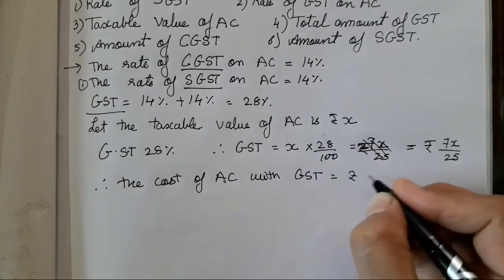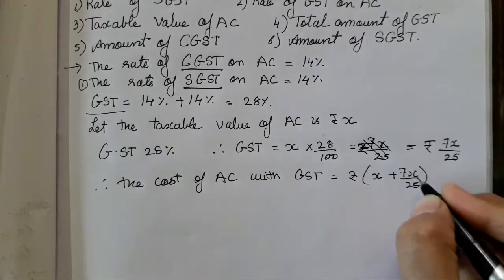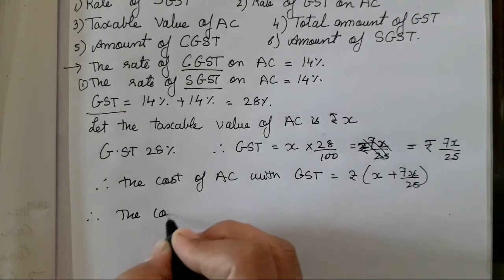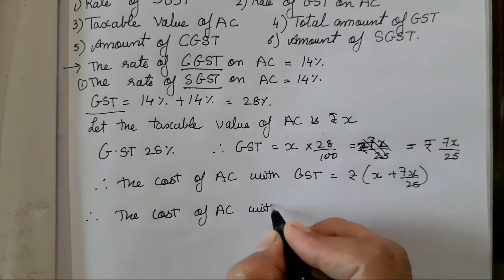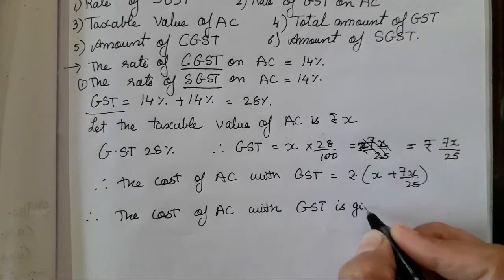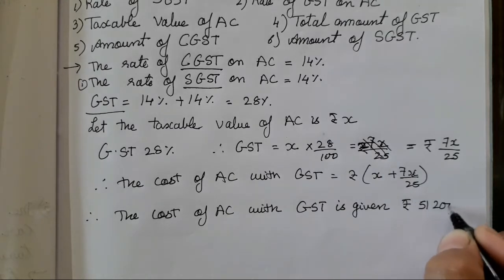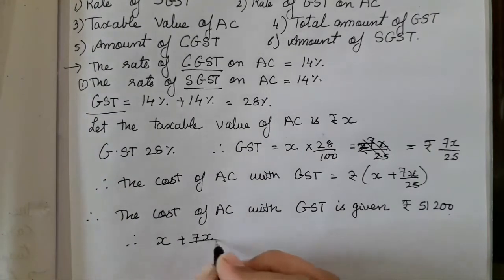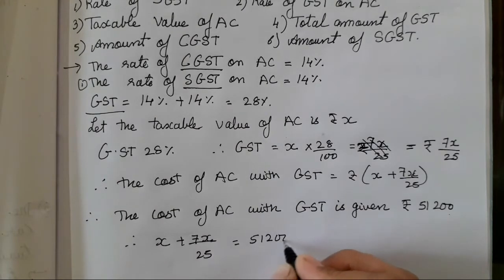Okay, so rupees X plus 7X upon 25. Therefore the cost of AC with GST is rupees 51,200, which is given in the question. Therefore X plus 7X upon 25 is 51,200.